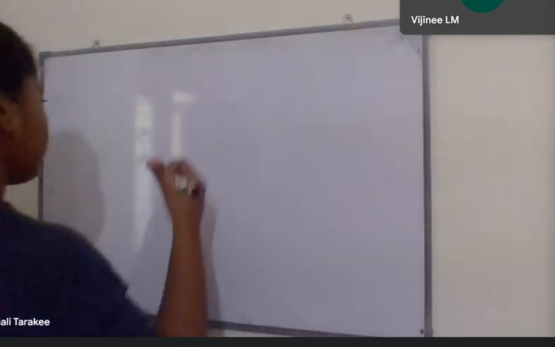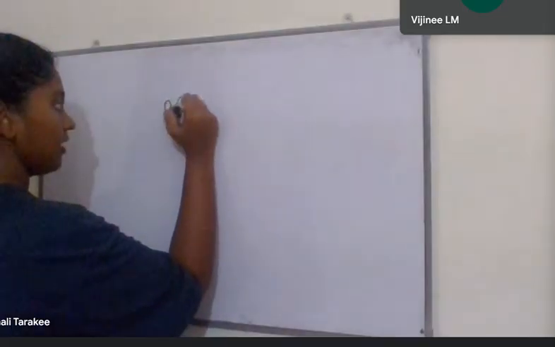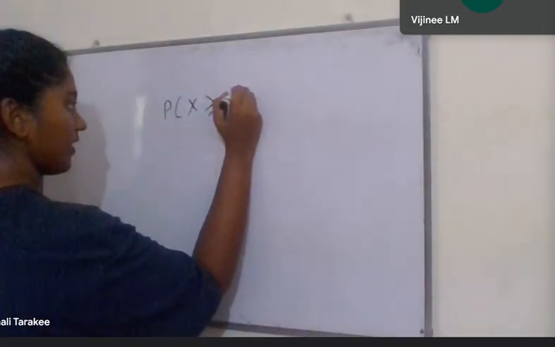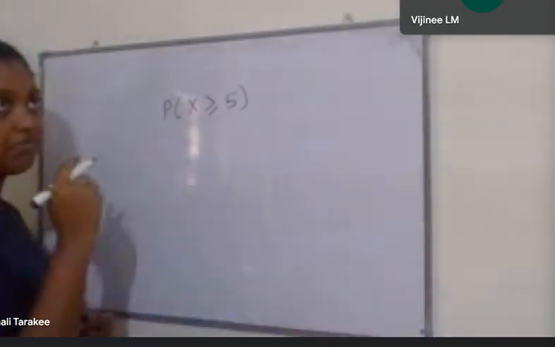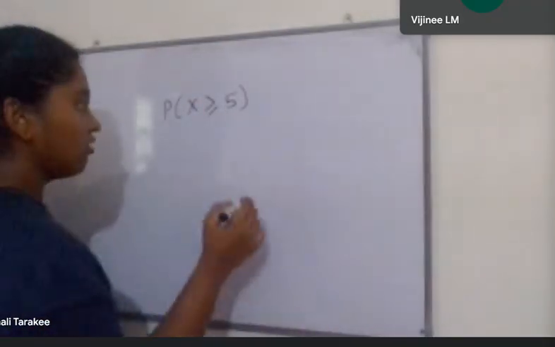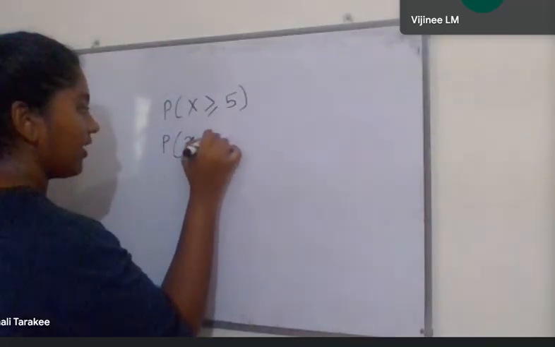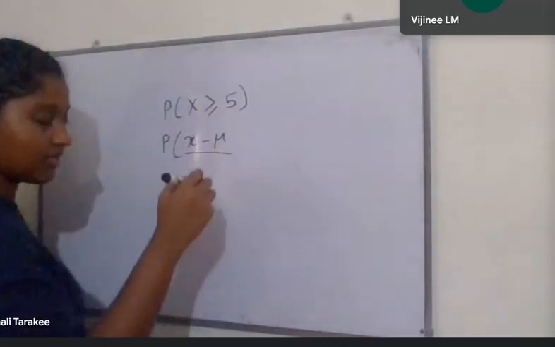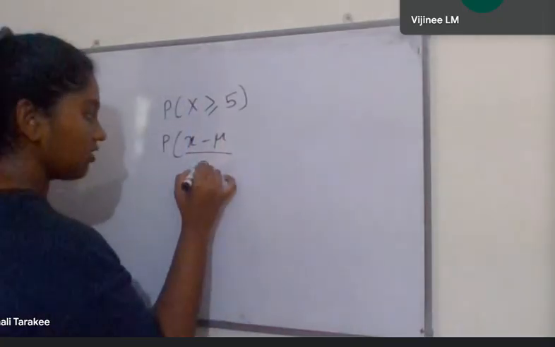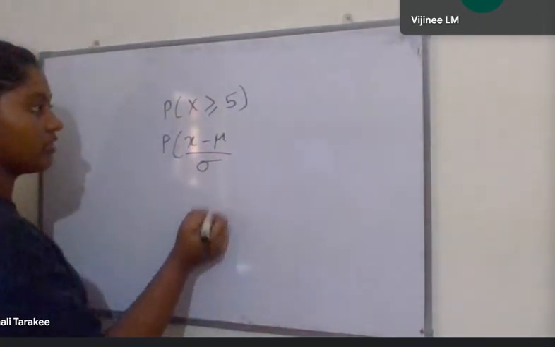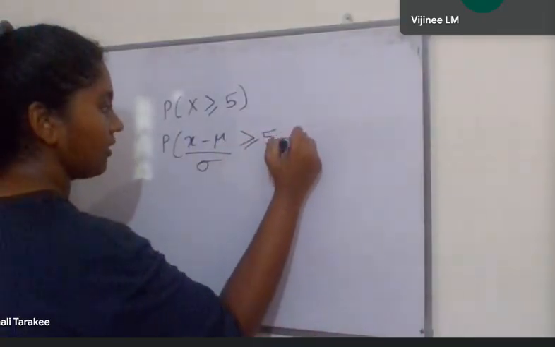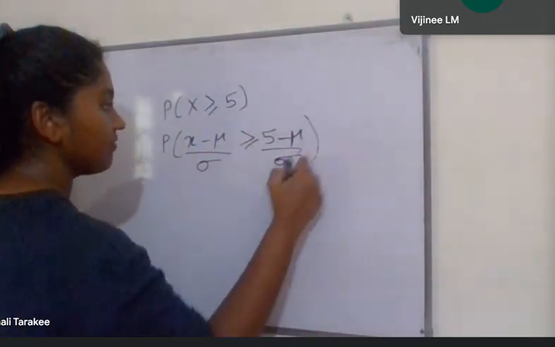What we have to find is P(x greater than or equal to 5). We can use the z tables. So what we can do here is convert this x into a z-score: (x minus mu) over standard deviation greater than or equal to (5 minus mu) over standard deviation.